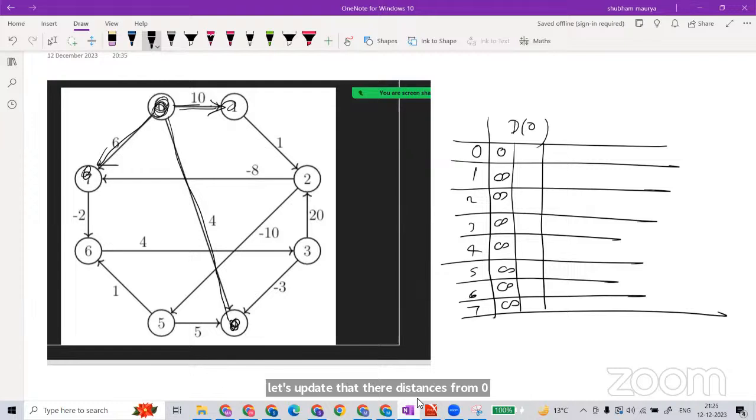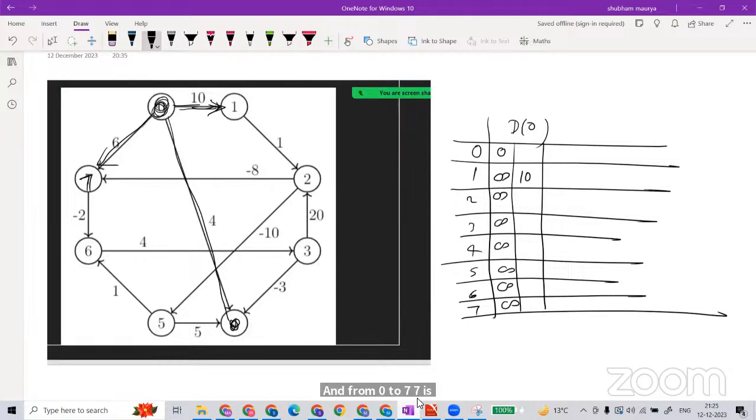From 0 to 1, the distance is 10, and from 0 to 7 it is here.